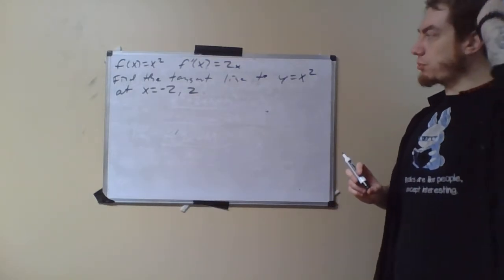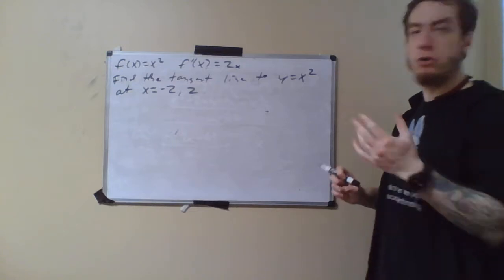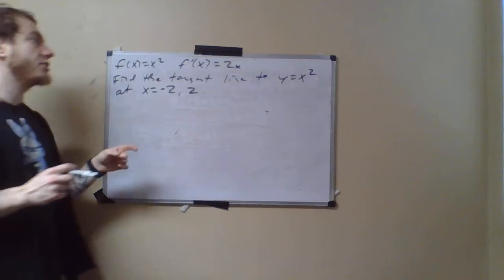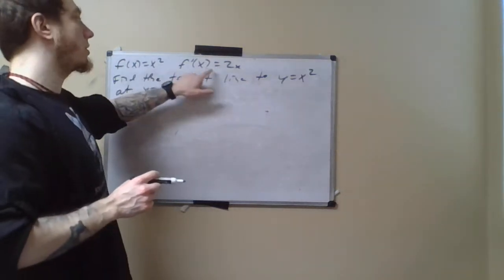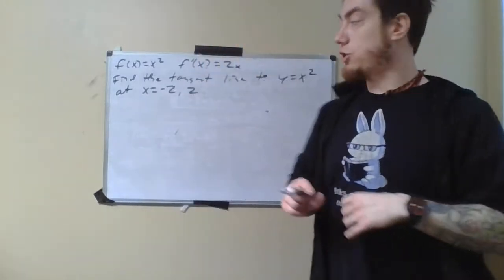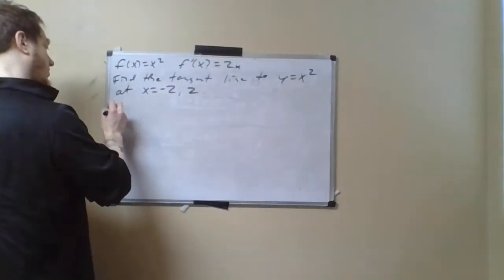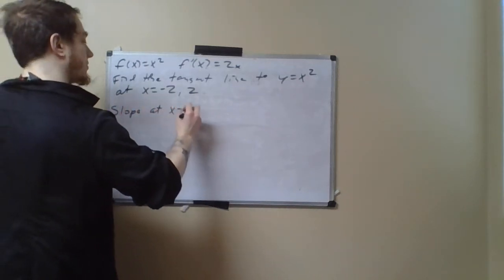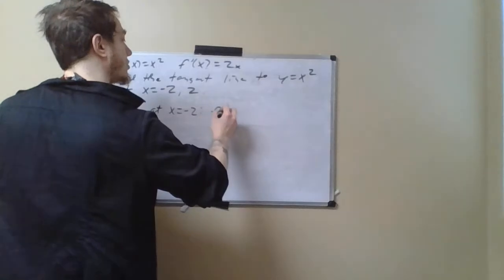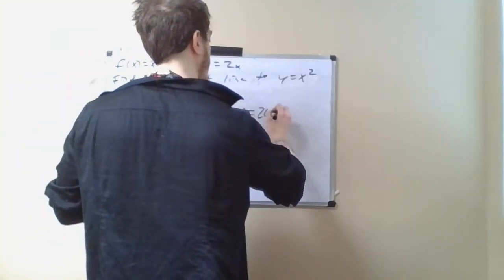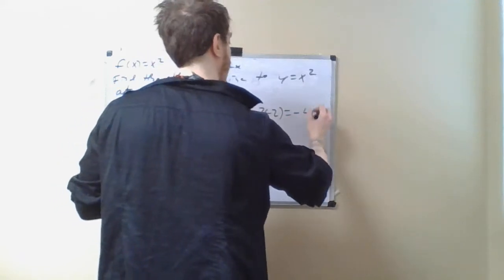From what we did in the previous lecture, what we could do is just find the derivative at each of these points by using the definition. But we've actually already worked out what the derivative is in general, okay? So all I need to do is say, well, the slope at x equals negative 2 is just the derivative evaluated at negative 2. That's 2 times negative 2, which is negative 4.